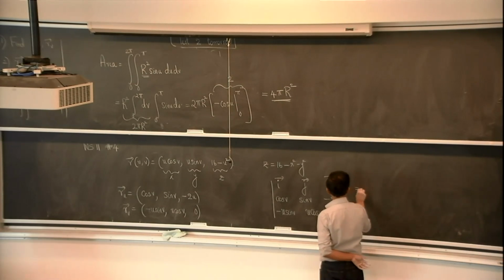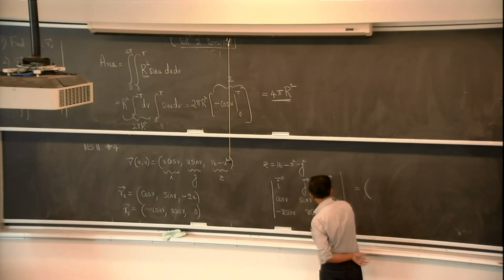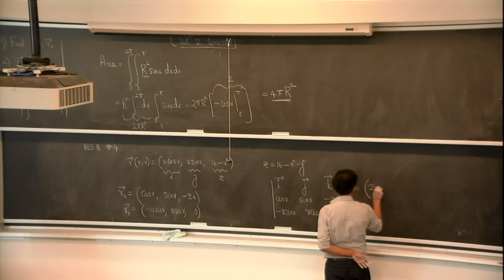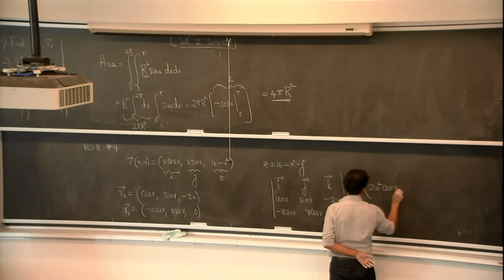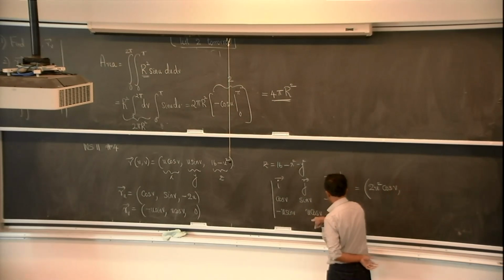So the i component is going to be 2u square cosine V, because it's 0 minus negative, right?